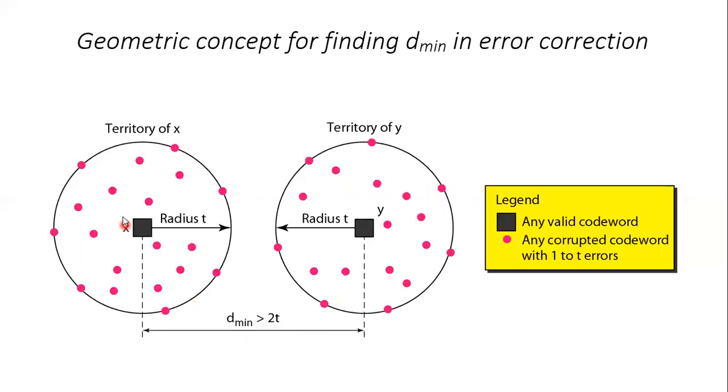So these are the corrupted code words with 1 to t errors. So here the d-min is greater than 2t. Since the next integer increment is 1, we can say that d-min is 2t plus 1.